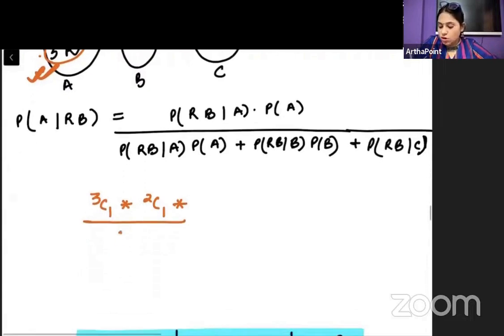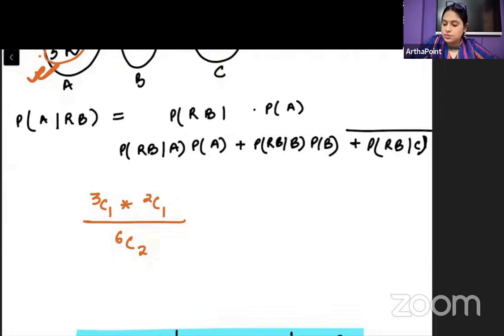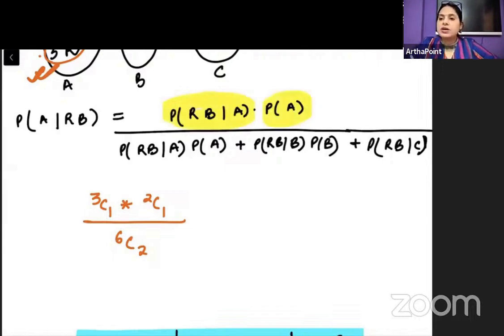There are 6 total balls, out of which you have chosen 2. So this will be this probability, and into probability of urn A. With 3 urns, equal probabilities, so this is going to be into 1 by 3.